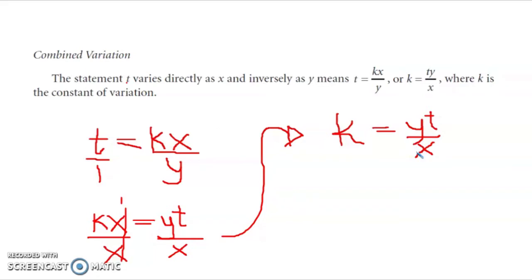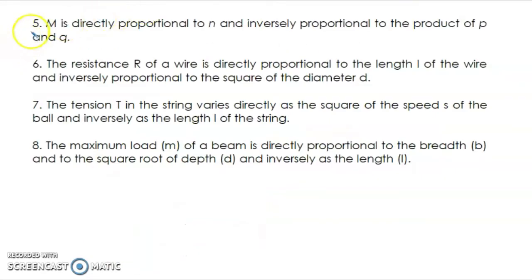So let us translate some of the statements into equations. Let us have: m is directly proportional to n and inversely proportional to the product of p and q. Let us start with the first statement: m is directly proportional to n.